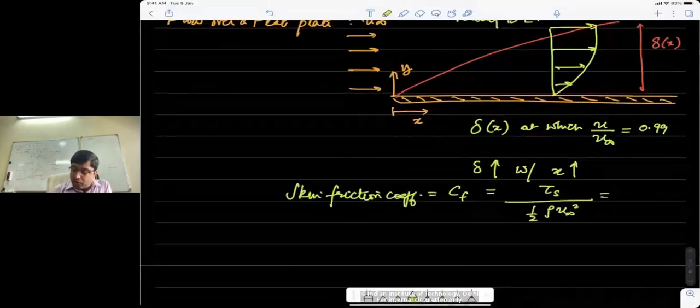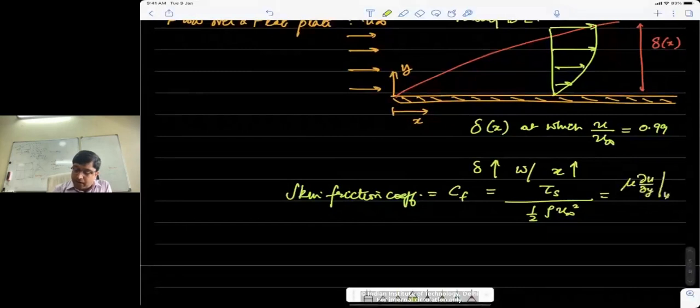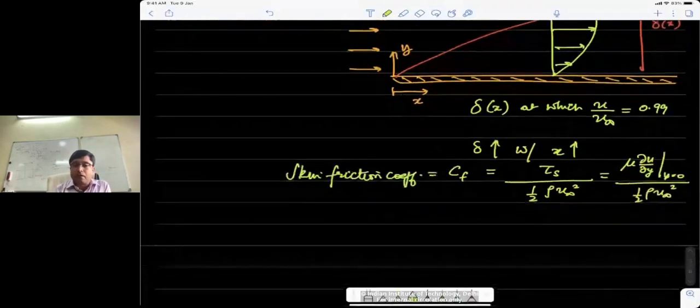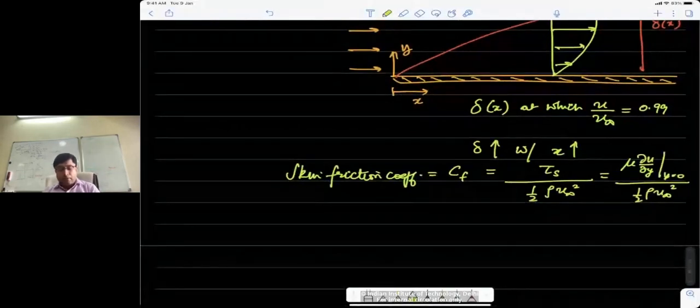So local shear stress for an internal fluid can be written as mu du dy at y=0 by, again, half rho u infinity square. So that is one of the main parameters that we will deal with, or you would have also learnt about in fluid mechanics.